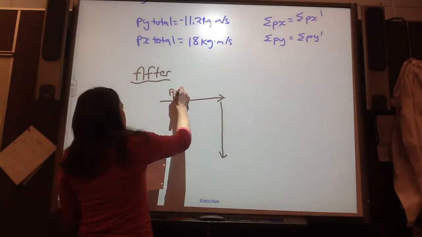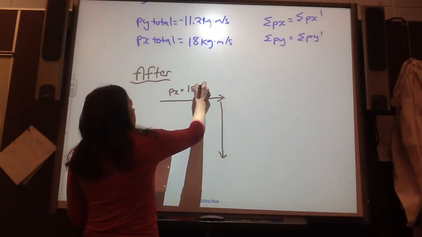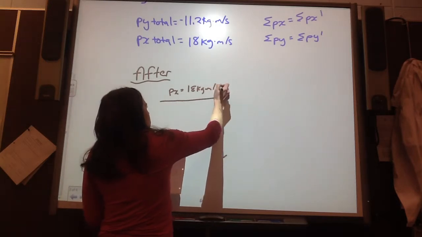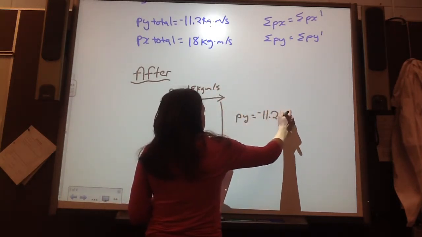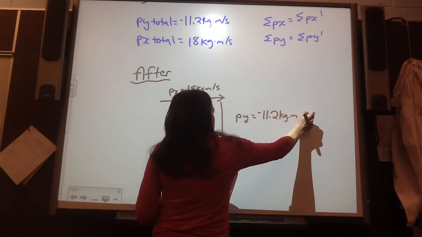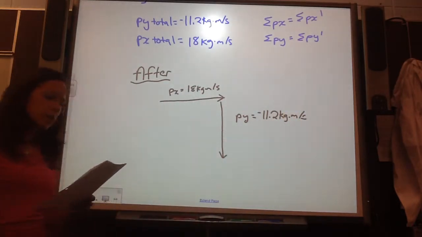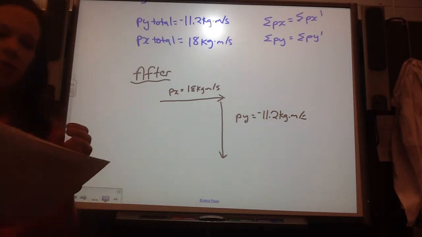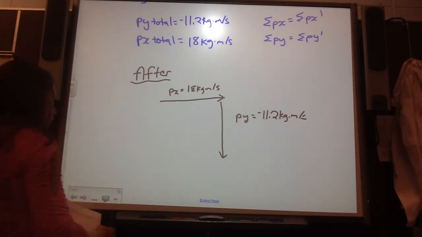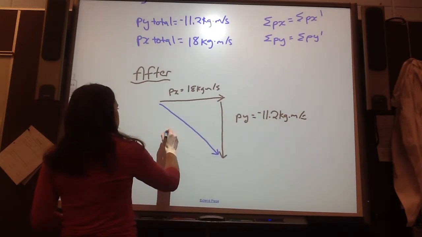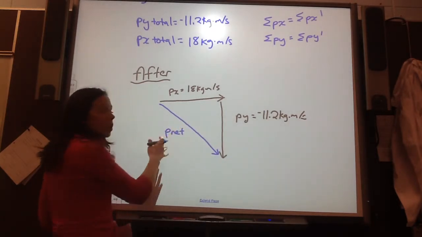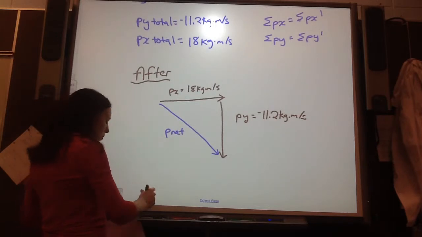So this Px is 18 kilograms times meters per second, and this Py is negative 11.2 kilograms times meters per second. But the question asks, at what velocity does the combined mass move after the collision? So that needs to be our P net. Well, we need our P net to find our velocity.